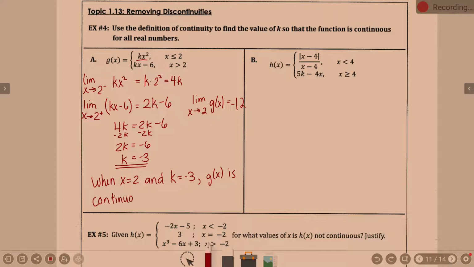I'm not writing this in. g of x is continuous since g of 2 equals the limit as x approaches 2 of g of x, and all of that equaled negative 12. Okay, again, all important pieces to mention. Did you have to mention all that to find k? No, but it's just putting all this continuity together.